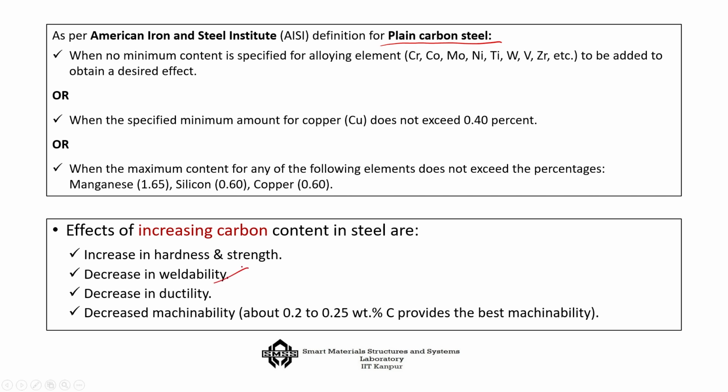So, you are increasing the hardness and strength, but it is going to decrease the weldability, it is also going to decrease the ductility, and naturally it will decrease the machinability as the ductility comes down. So, even though with the addition of carbon you get high hardness and strength, what you suffer is weldability, ductility and machinability. That is where the optimum amount of carbon comes into the picture.